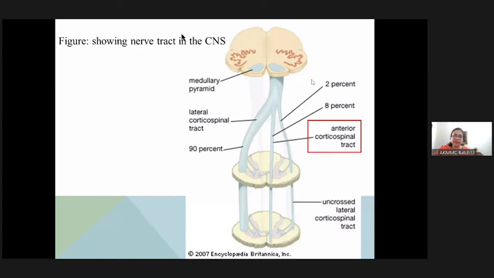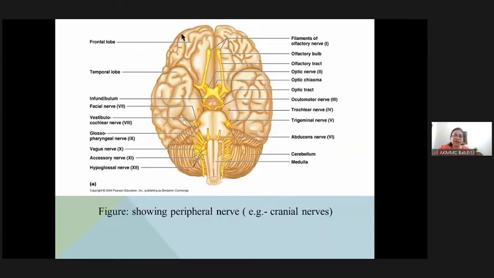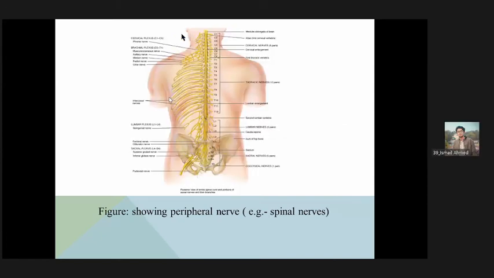If they are coming out from the brain, those will be known as cranial nerves. If they are coming from the spinal cord, they will be known as spinal nerves, peripheral. In the central nervous system, the bundle of fasciculus is called a nerve tract.